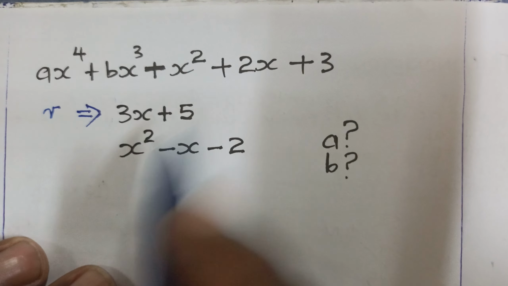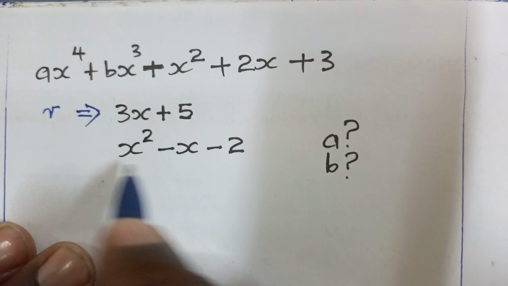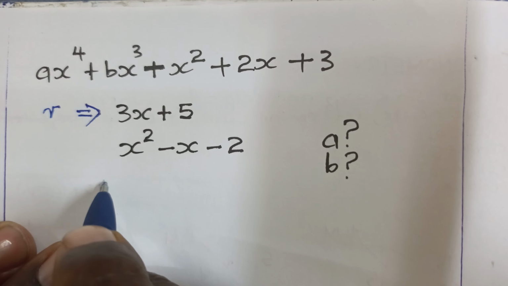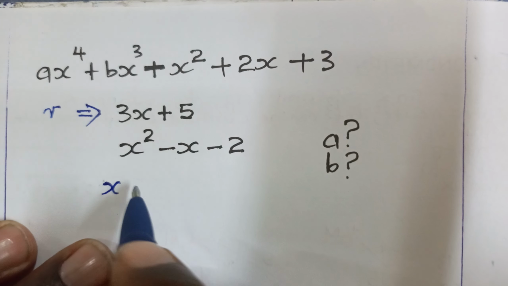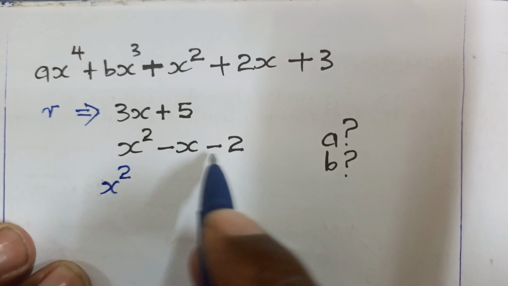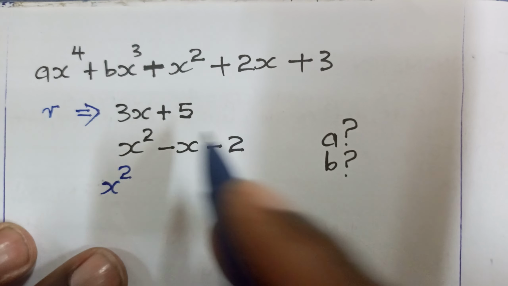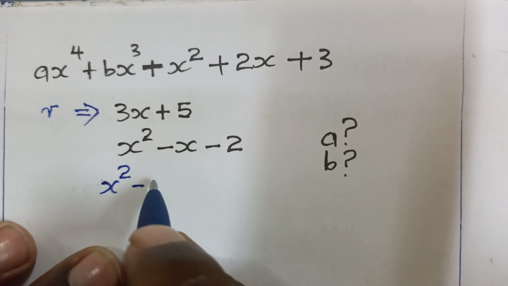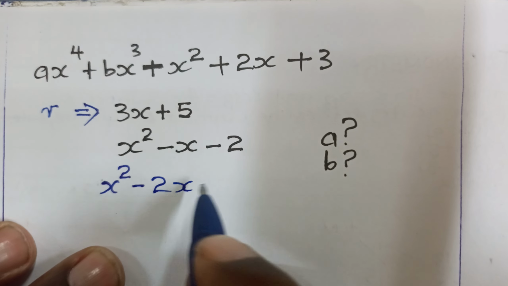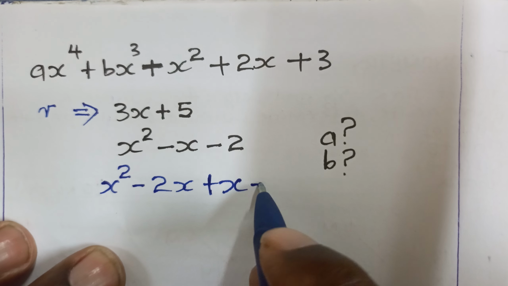To find the roots, we find the factors. We have x^2, then get two numbers: if you multiply, you get negative 2, and if you add, you get negative 1, that is, minus 2x plus x minus 2.